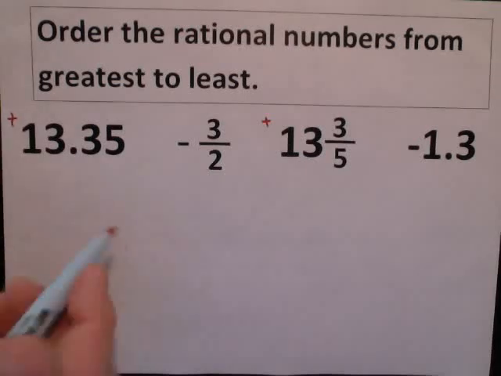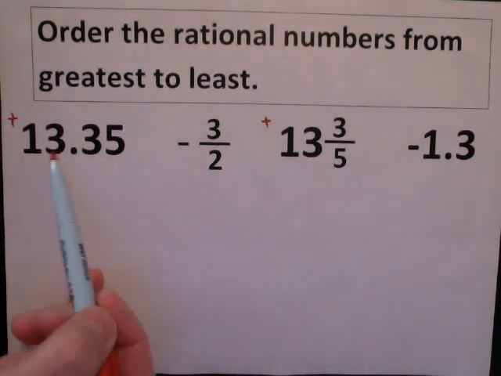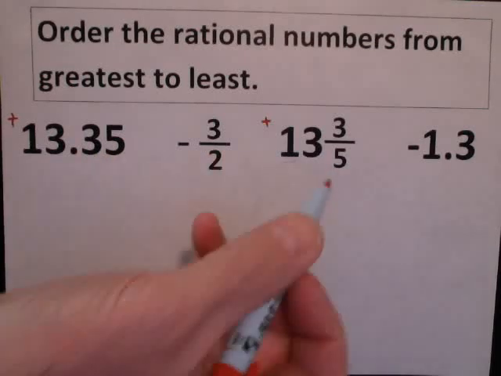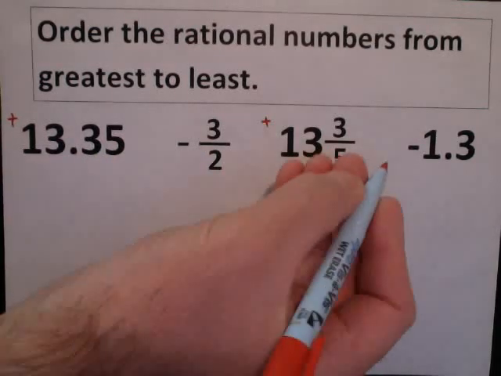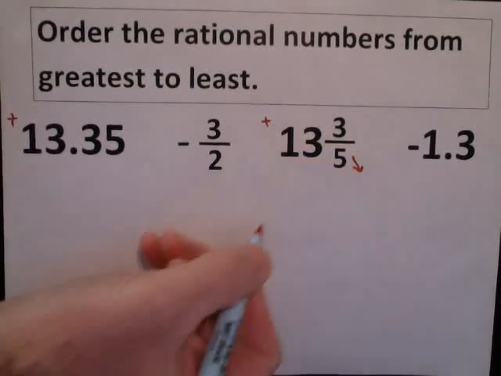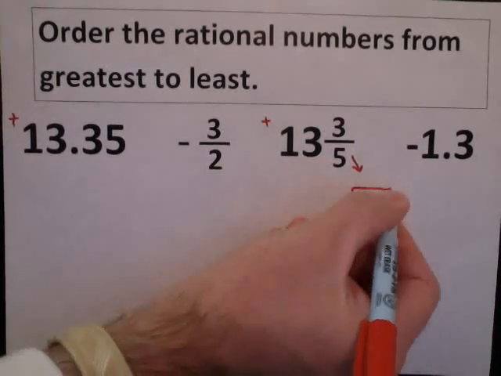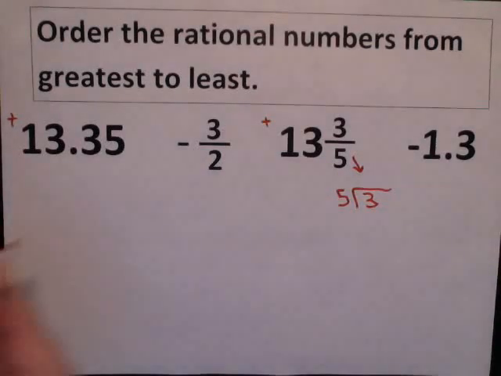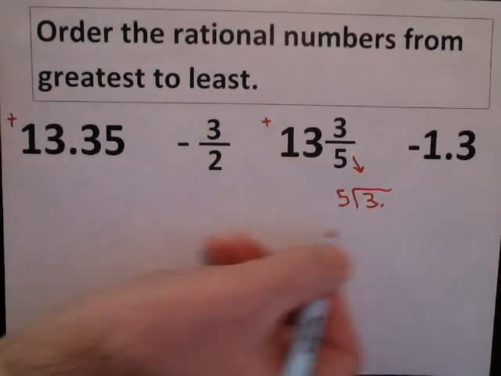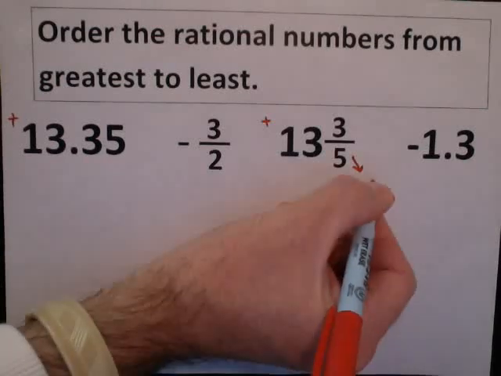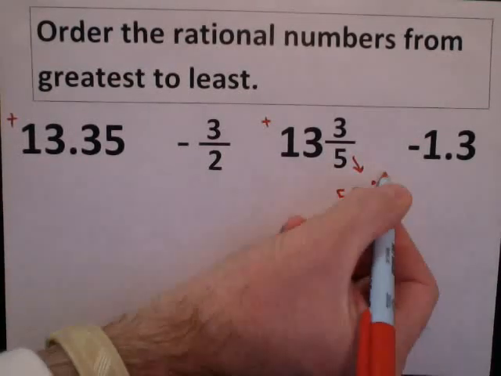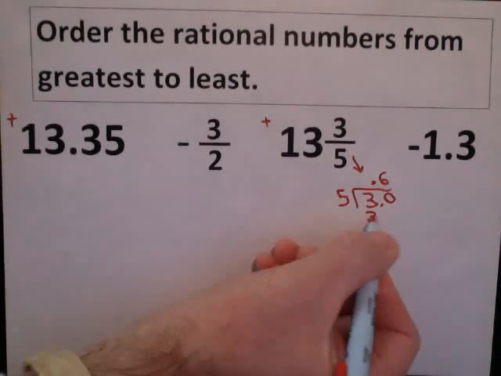Alright? Now, in this case, we have 13 and 35 hundredths. So what we would want to do is turn this into a decimal. So we're going to divide 3 by 5. We have to put in a decimal point and annex a 0, bring up our decimal point. 5 will go into 30 a total of 6 times. 6 times 5 is 30.